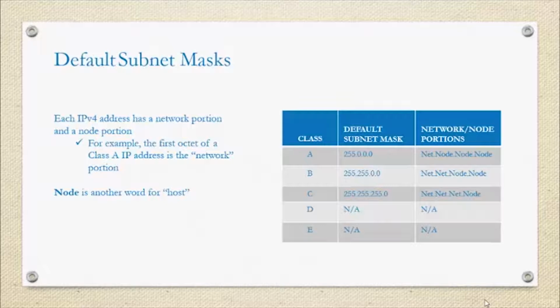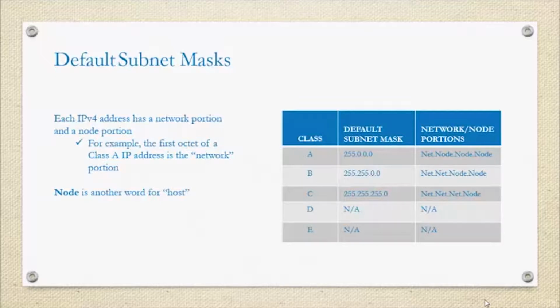Now, with a Class A address, the default subnet mask is 255.0.0.0, and that means that if you have a 255, that portion belongs to the network. In contrast, if you have zeros, then that portion belongs to the host or the node.